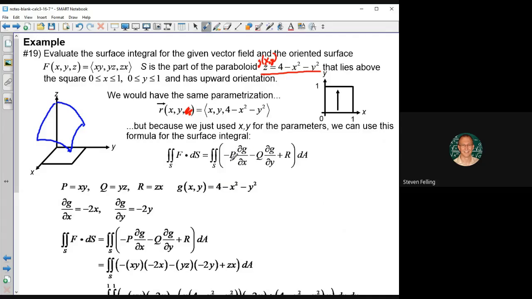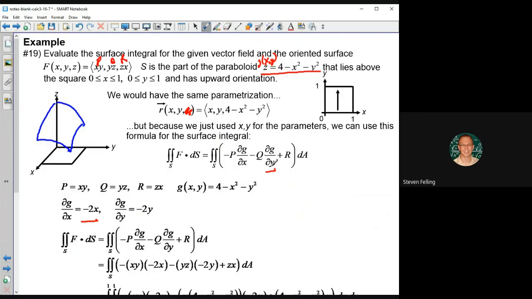So let's find p. This would be p, q, r, because they gave us the function definition. So p, q, r are just xy, yz, and zx. The partial derivative of g with respect to x would be negative 2x, right?